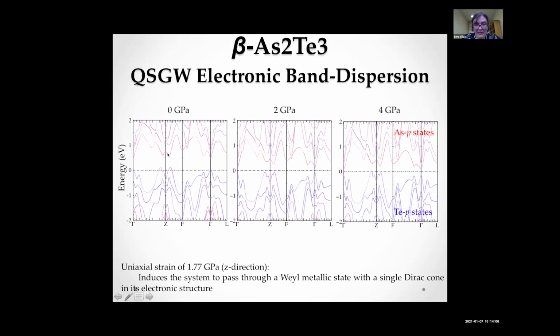At 0 gigapascal, the top of the valence band is not at the same position as the minimum of the conduction band. This is called an indirect gap semiconductor. While at 2 gigapascal, the gap changes to the gamma point, which is the zone center, and it's a direct gap semi-metal.